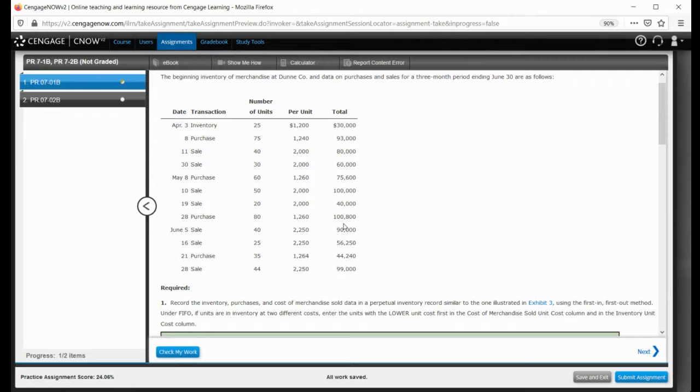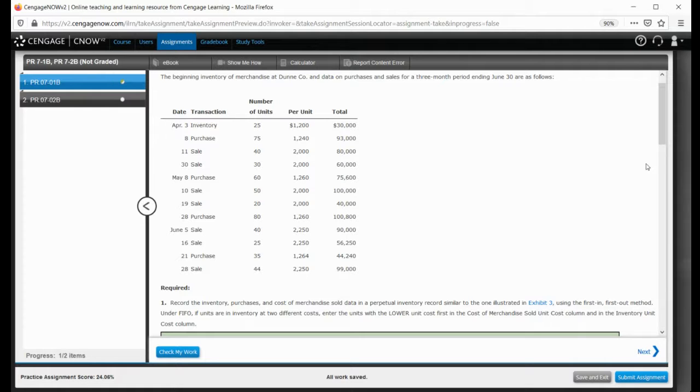In your journal, you would have debited merchandise inventory for 100,800 and would have credited accounts payable for 100,800. That's how you would have recorded the journal entry for the purchase on the 28th of May.